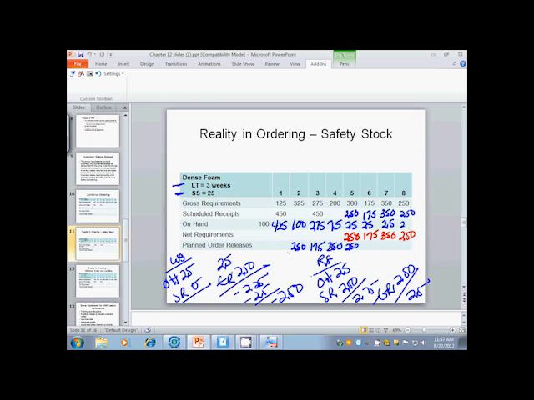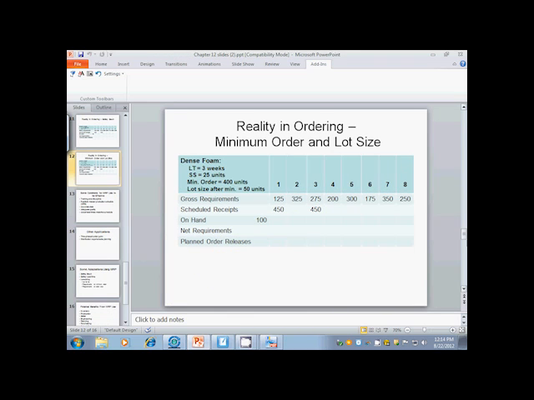So at the end of week 8, we are looking at having 25 units left over. This is starting to get to reality in ordering in our inventory status records, but it's literally just the tip of the iceberg. We're really looking at reality-based ordering here, folks.